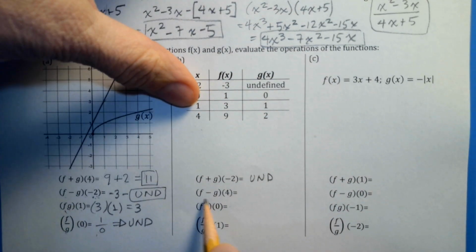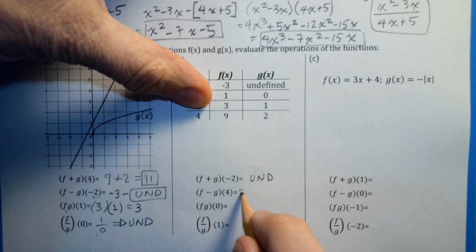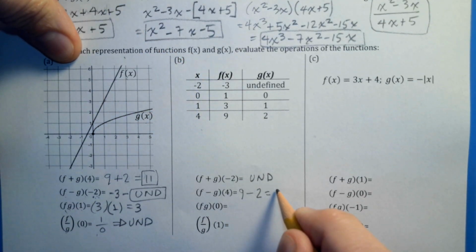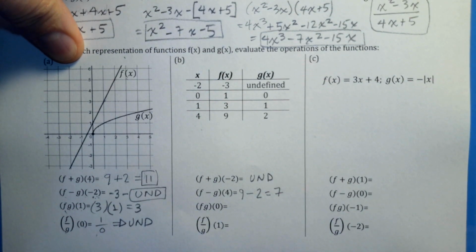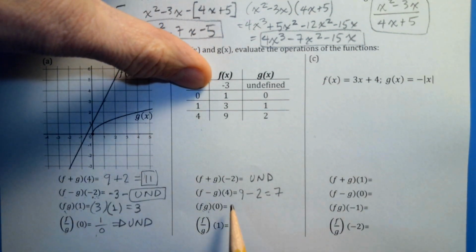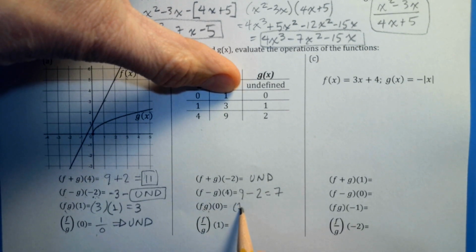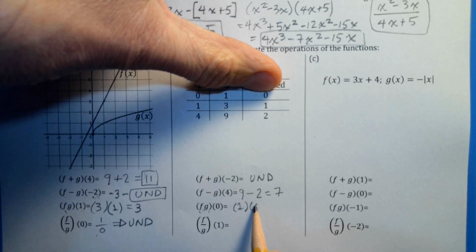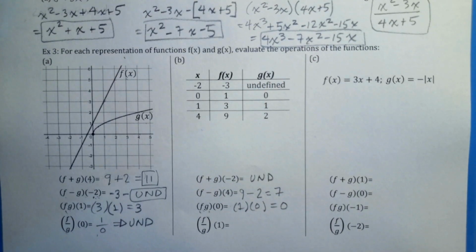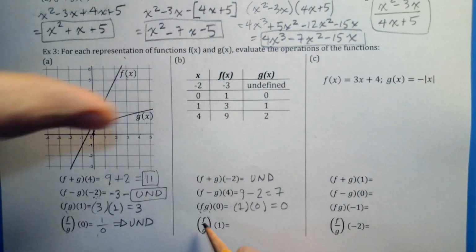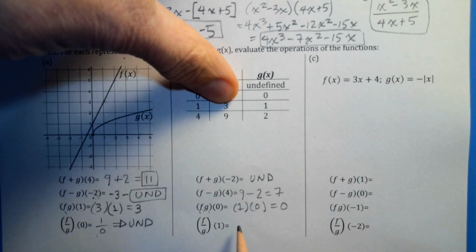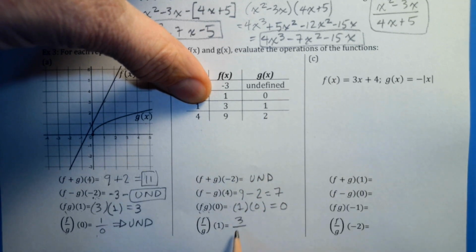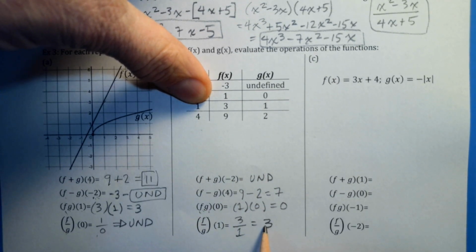All right, f of 4, that's 9 minus g of 4, which is 2, so that should be 7. All right, f of 0 is 1, g of 0 is 0, so that product is 0. f of 1 is 3 divided by g of 1, which is 1, so this is equal to 3.